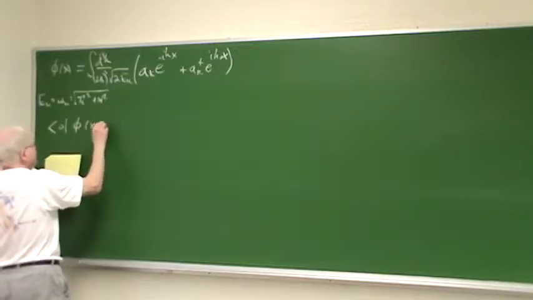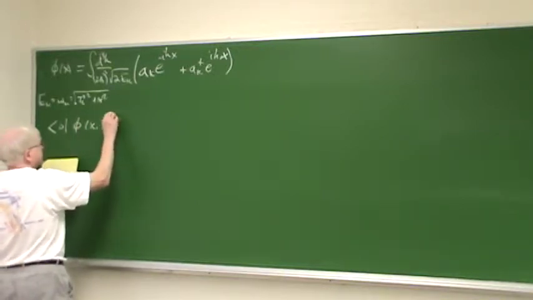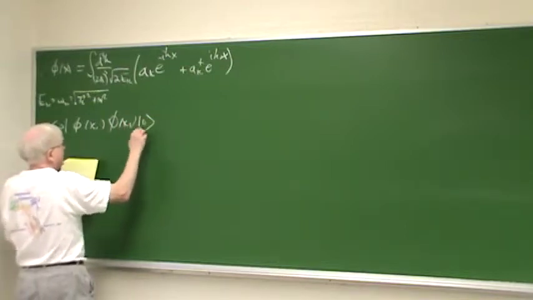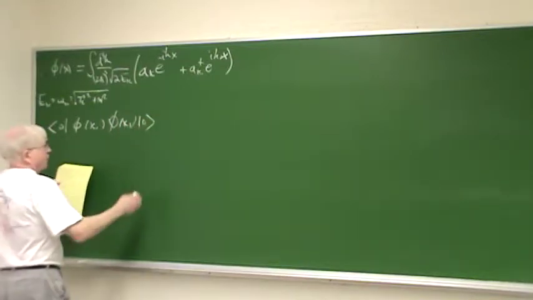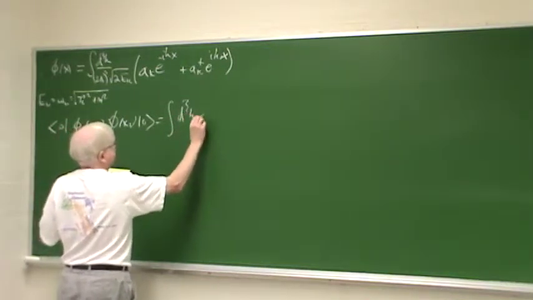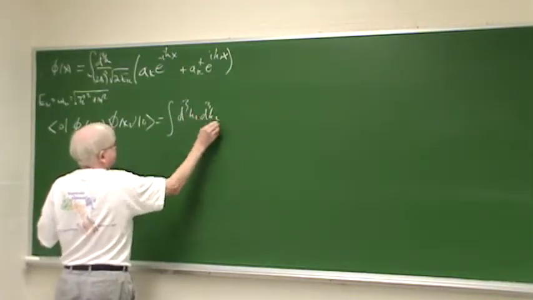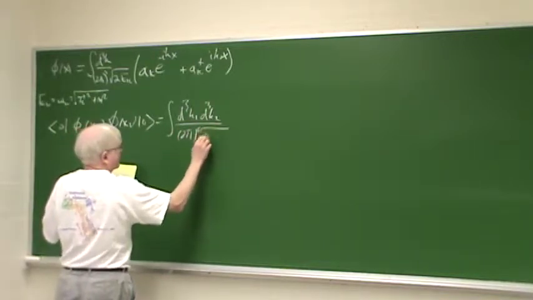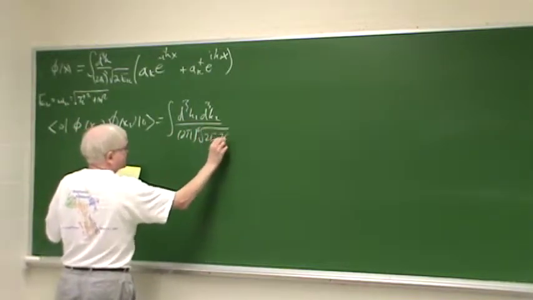So we have phi of x1, phi of x2. What is this? Well, it's just two of these. So it's d cubed k1, d cubed k2 over 2 pi to the 6th, the square roots of 2E1 and 2E2.